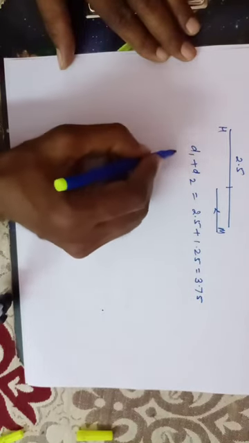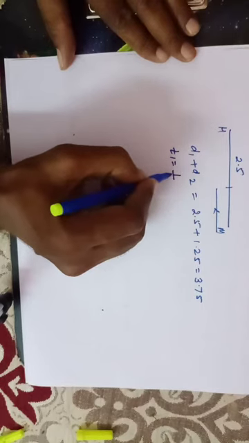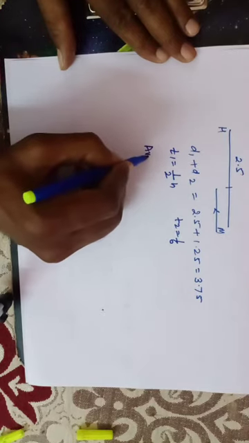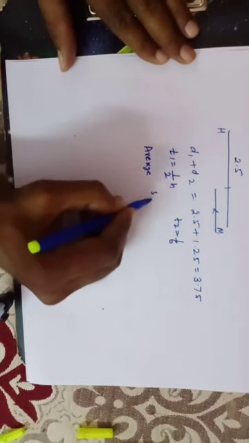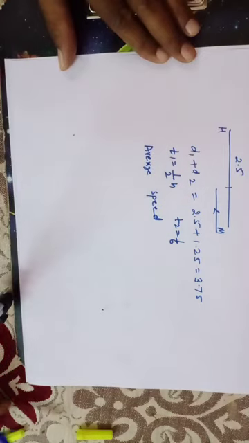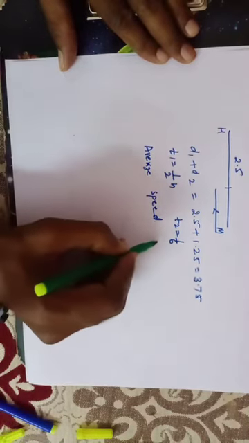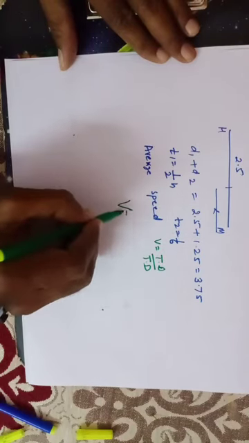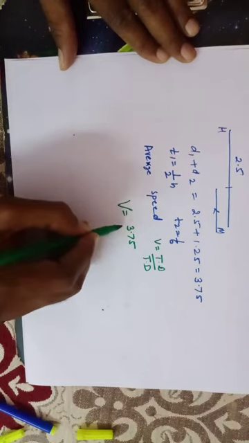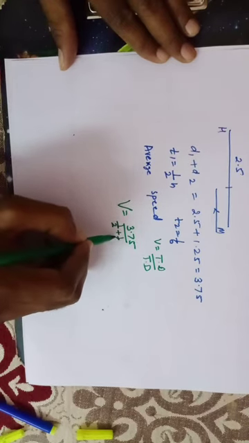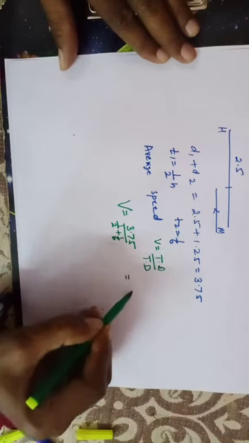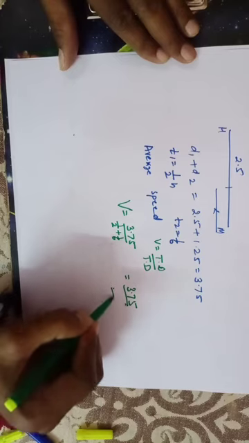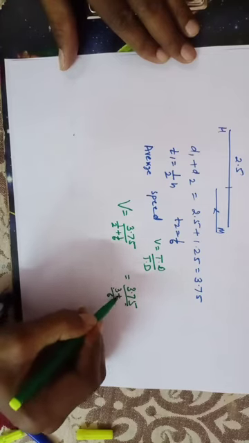Time T1 is 30 minutes, 1 by 2 hour. T2 is 1 by 6 hour. So average speed will be total distance upon total time. Total distance is 3.75. Time is 1 by 2 plus 1 by 6. Now you can solve this. 3.75 divided by, LCM will come here, 3 plus 1 over 6.